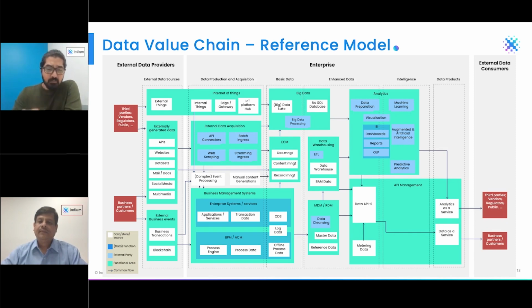And one of the very important points I would like to talk about is the MDM piece here. It is very critical for any organization. You need to have a very strong foundation of your master data that ensures how well you can do analytics and how well you can structure even your internal systems. We know all of our master data sets, like your customer, your equipment, any of your entities, right?